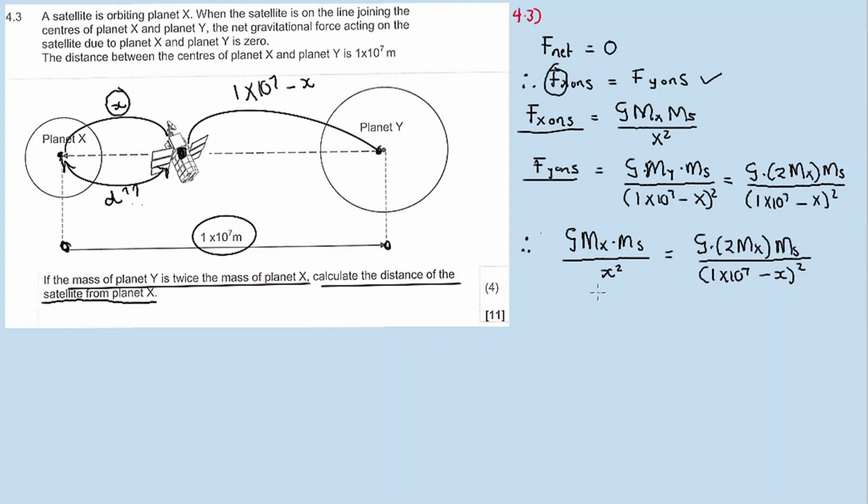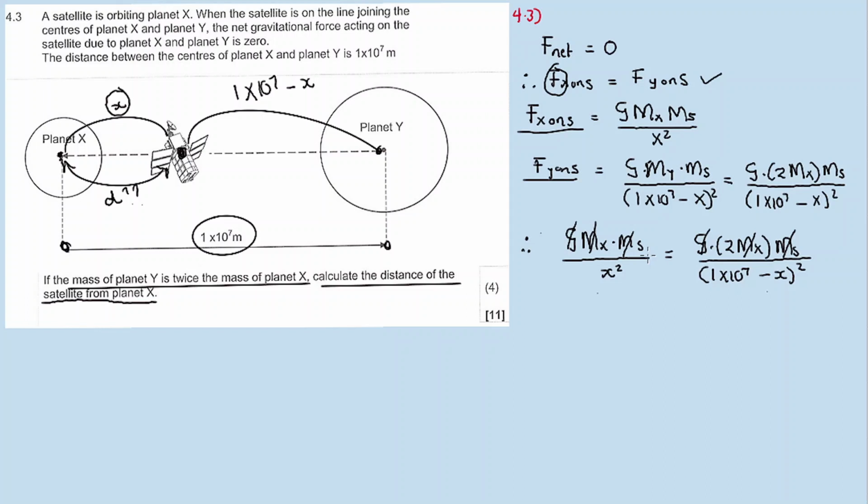Then G, you cancel out G. M, I cancel M. And then the satellite mass Ms, I cancel Ms, right? Then we are left with 1 over x squared equal to 2 over (1 times 10 exponent 7 minus x) squared.